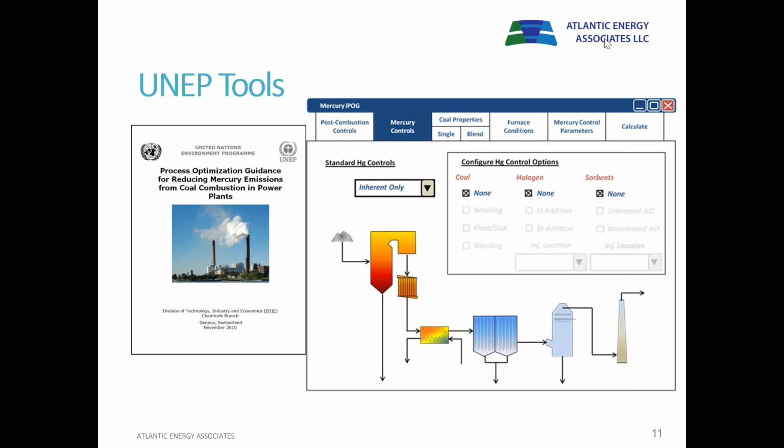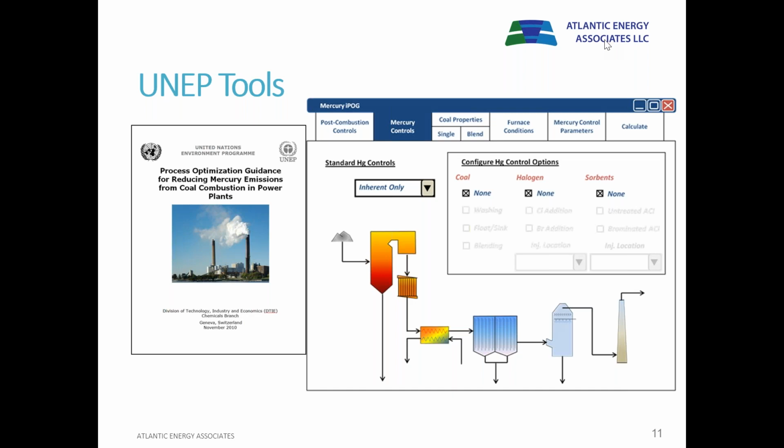It was built by Dr. Stephen Nixa, and Steve was one of the key participants in the Mercury program in the US. He is a top expert who knows mercury control inside and out, and his team built this iPOG, which I will describe in more detail later.